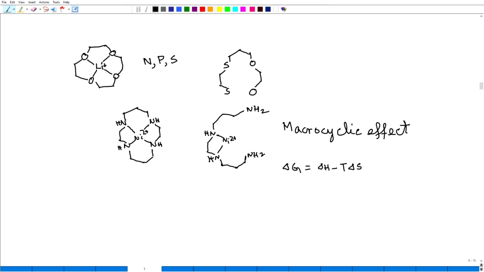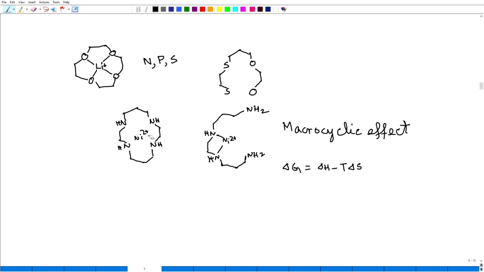I have to cut all 4 together. I have to cut this, cut this, cut this and cut this, then only nickel 2 plus will come out of there. So, that is kinetic. Both thermodynamically and kinetically it is favored over the open chain compound, and that is called the macrocyclic effect.